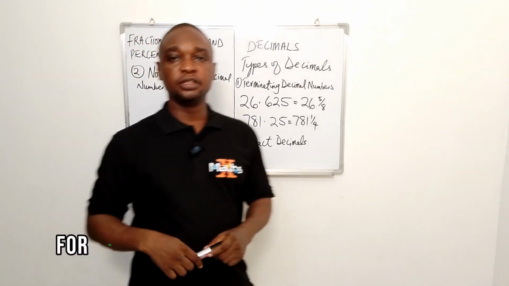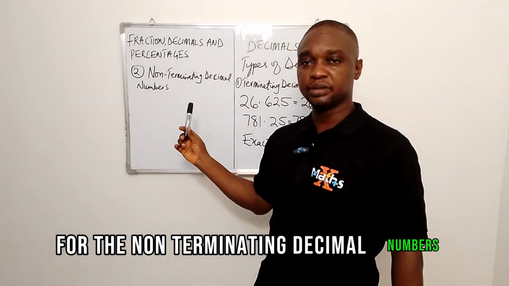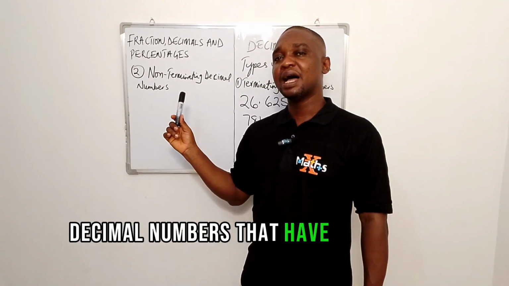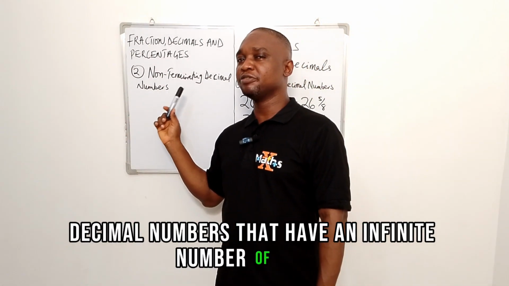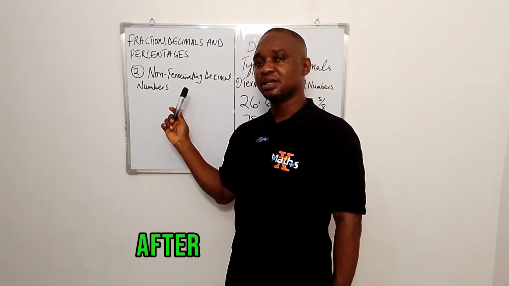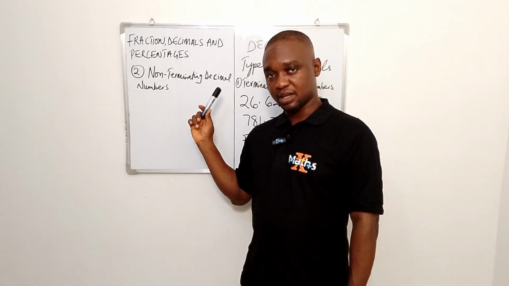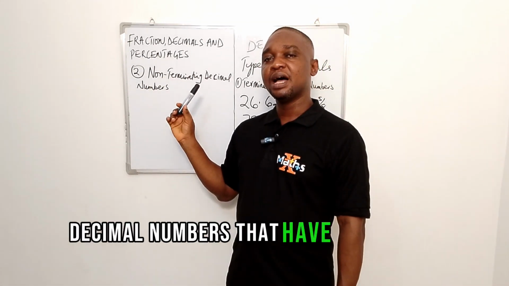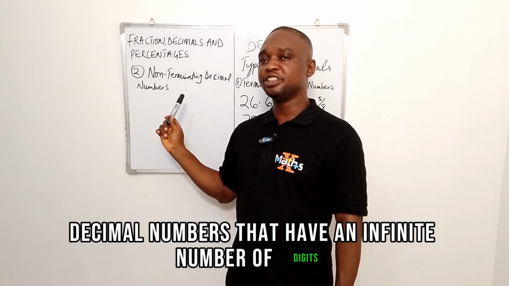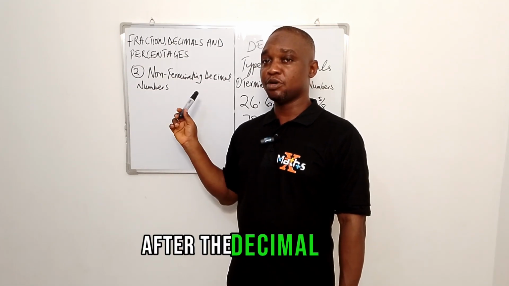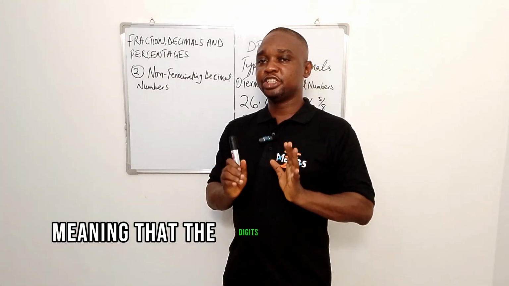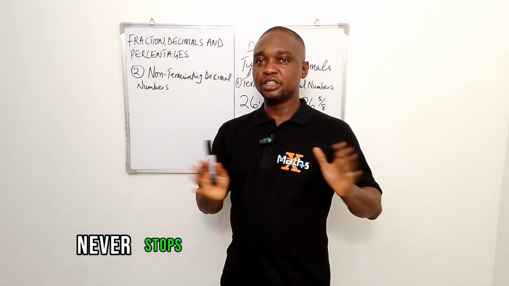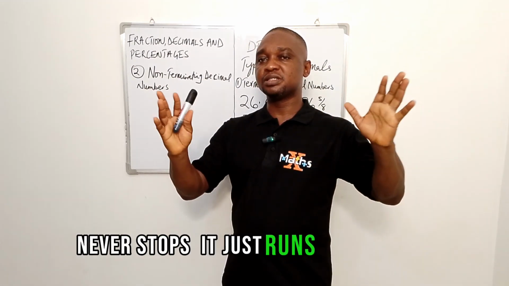My dear students, non-terminating decimal numbers are decimal numbers that have an infinite number of digits after the decimal point. Still saying it again. These are decimal numbers that have an infinite number of digits after the decimal point, meaning that the digits after the decimal point never stop. It just runs till infinity.